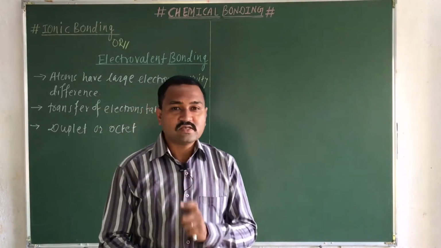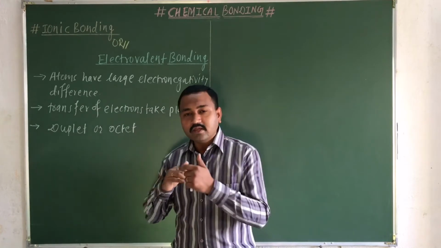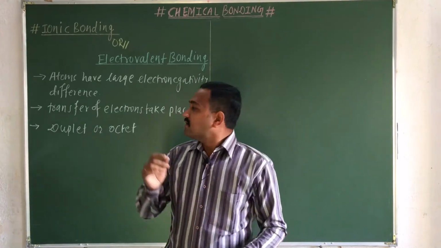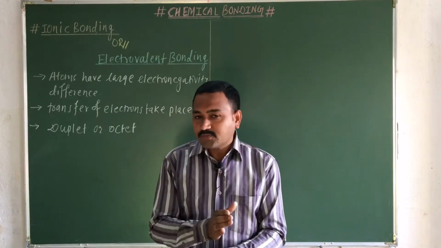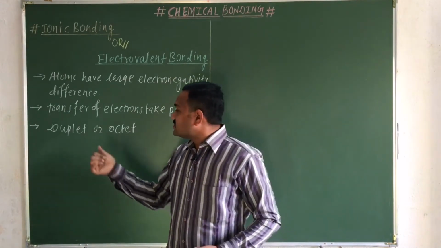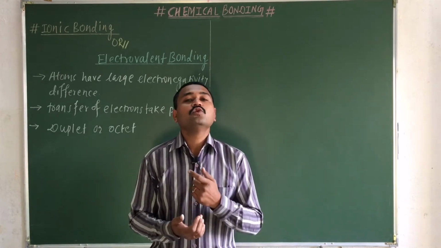It means, very simply, if electrons transfer from one atom to another, the atoms involved in the chemical bond transfer only that many electrons which will complete their duplet or octet, like the noble gases.